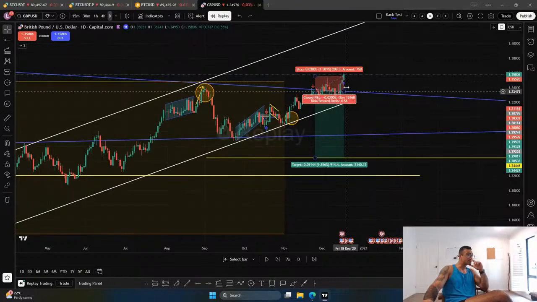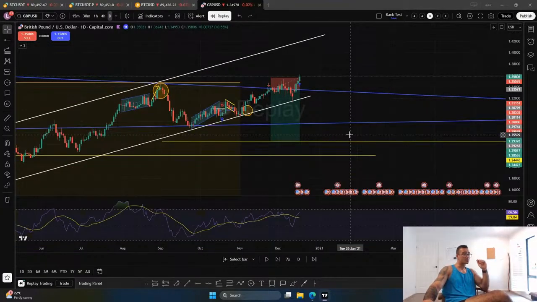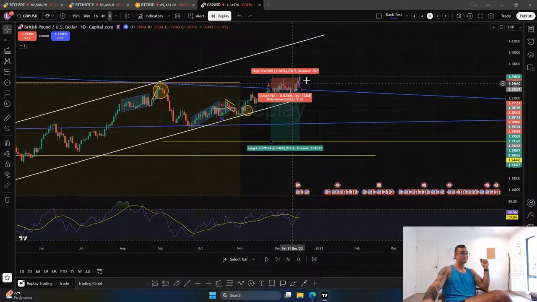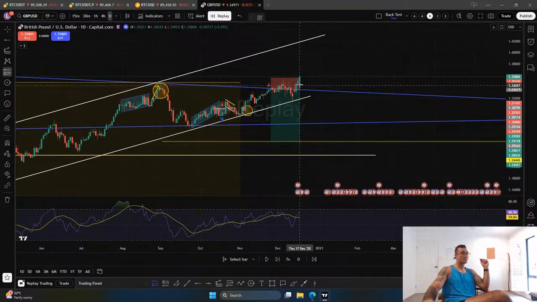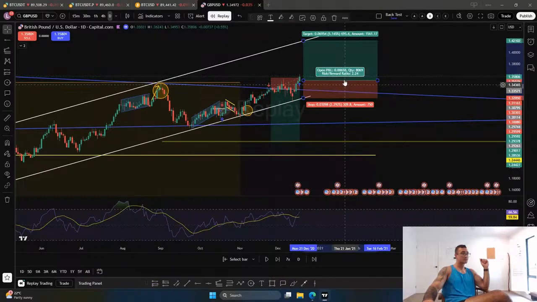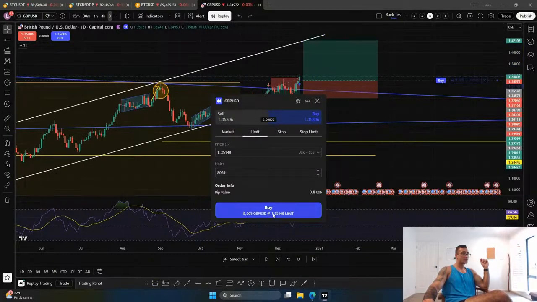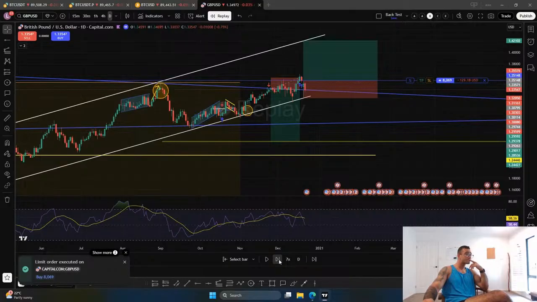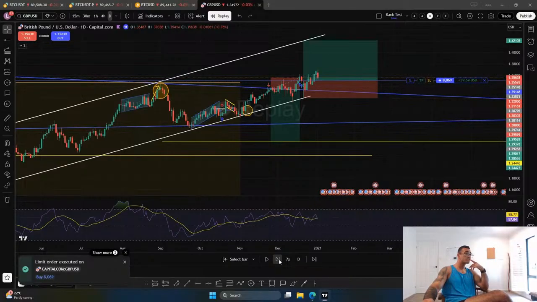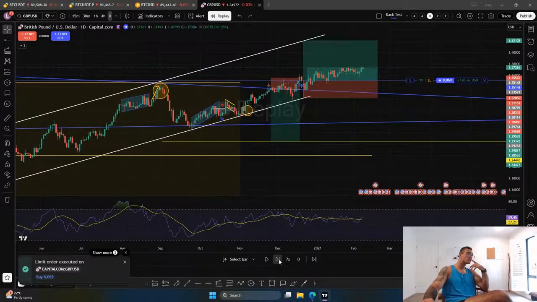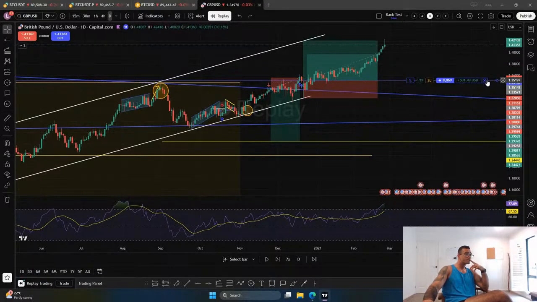That's the information. Check the RSI. It's a flip. We're actually going to go up. Look at this though.